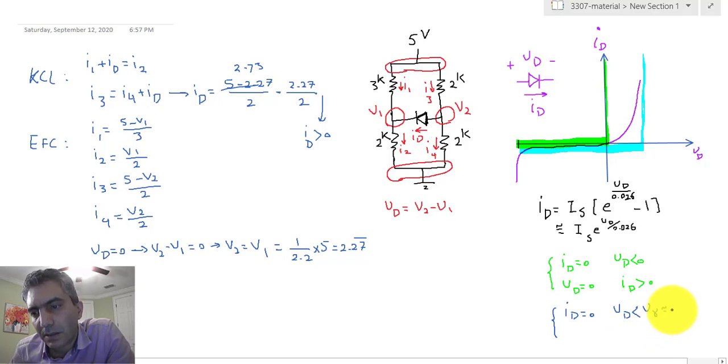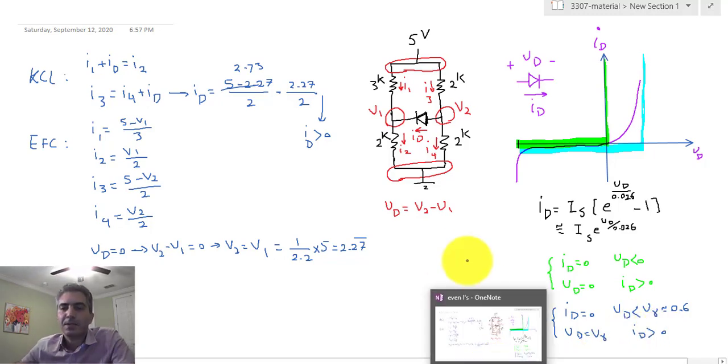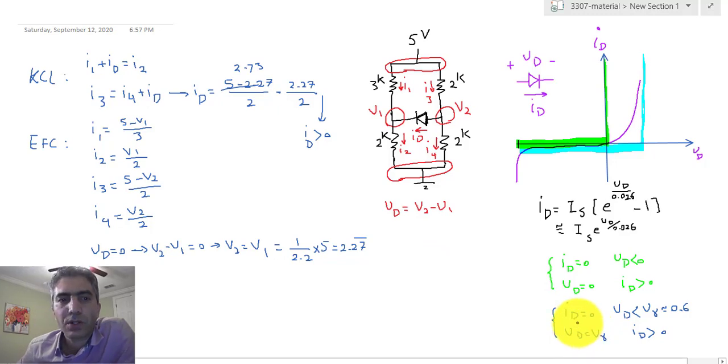This for the silicon diode is something close to 0.6 or 0.7. It's going to be given to you, and then after that, VD just stays constant as V gamma for any positive current. So this is the new set of equations that we can use, which is a better approximation.